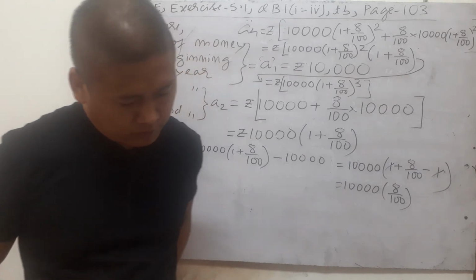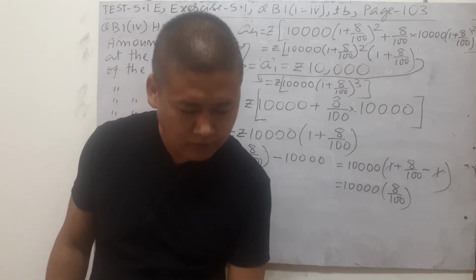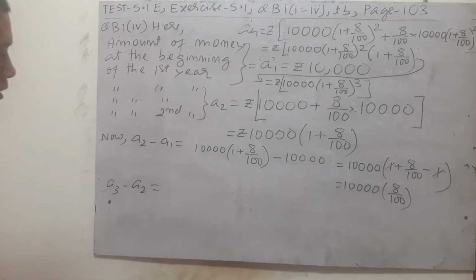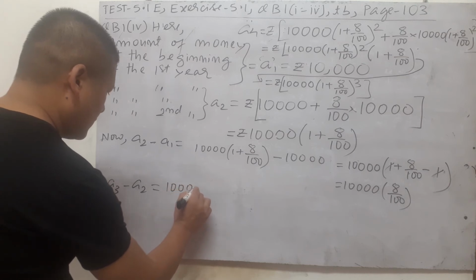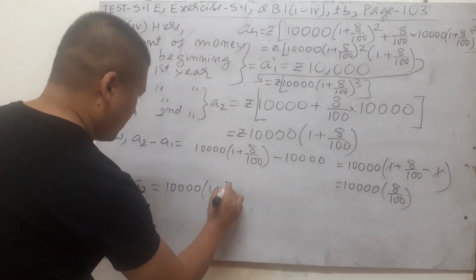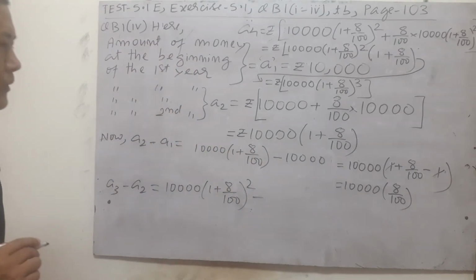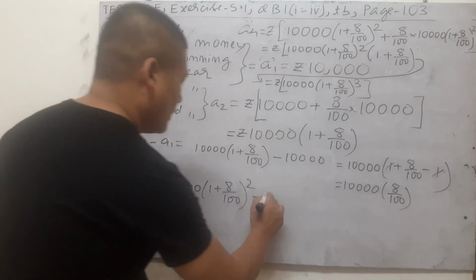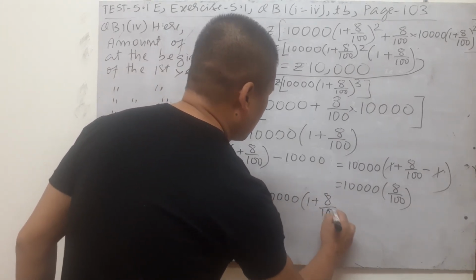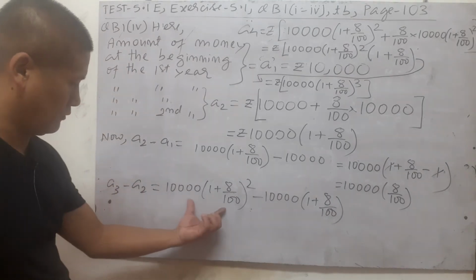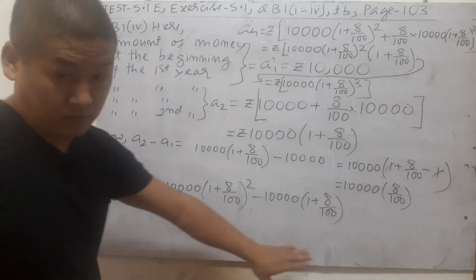Look there on your textbook, I have already written on your notebook, A3 is 10,000 into 1 plus 8 by 100 square. So A3 here, I wrote it just now. So 10,000 into 1 plus 8 by 100 square is the A3 value, minus A2. A2 is here, see, 10,000 into 1 plus 8 by 100. So A3, this one, minus A2, this one. A3 was written on your notebook, right?